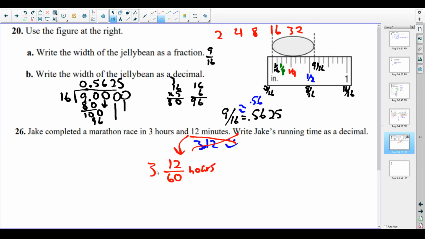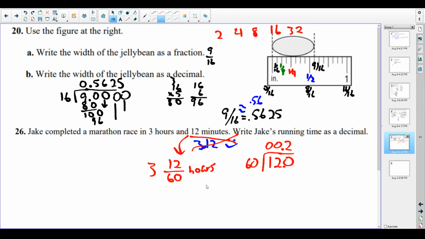Okay, so we need to know what is 12/60ths as a decimal. So how do we want to do this? Let's just do top in, bottom out. We could also simplify 12 out of 60, but this won't be that bad because 60 can't go into 1, it can't go into 12, but it can go into 120 2 times.